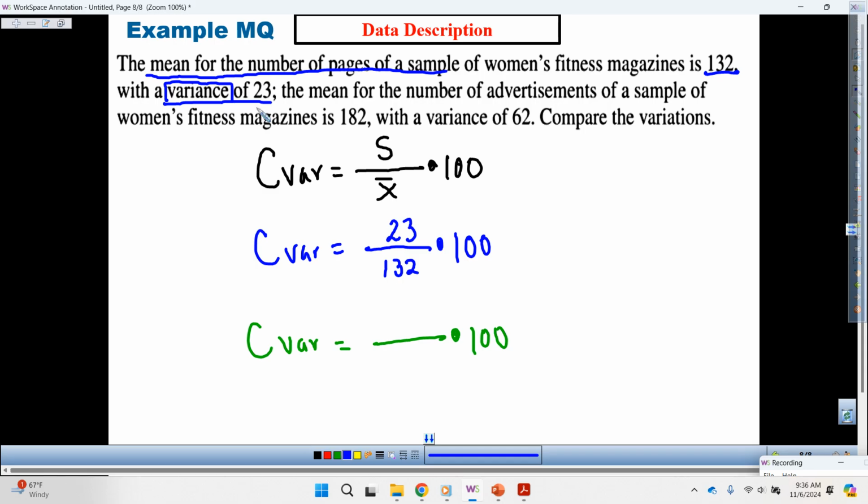All right, let's see. Looks like Rianne knows what to do. What do we do, Rianne? Square root. That is correct.